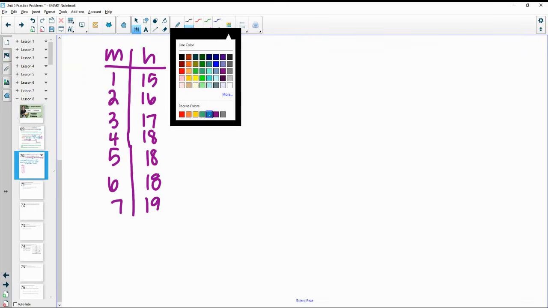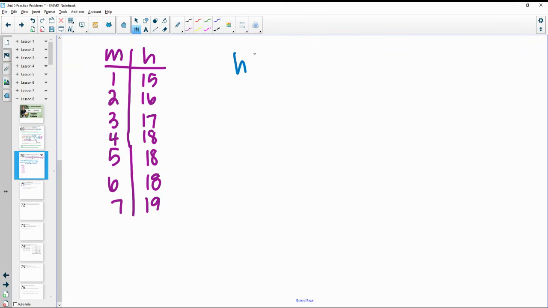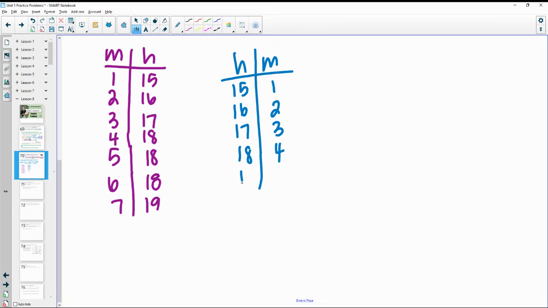So now in this other case, if we had the height versus the month. If we took a look at this exact same case, sure, when it's 15 feet tall, that's in January. When it's 16 feet, that was February. When it's 17 feet, that's March. When it's 18, now we've got all these different values that it goes to.